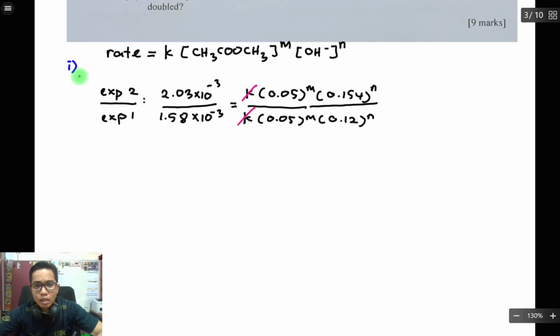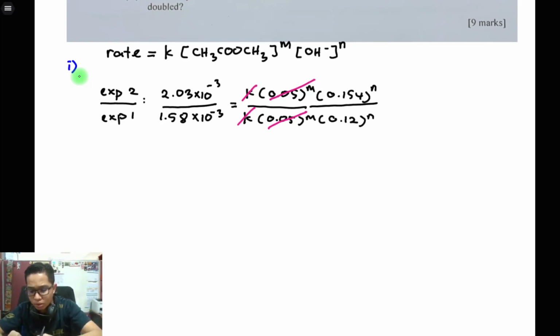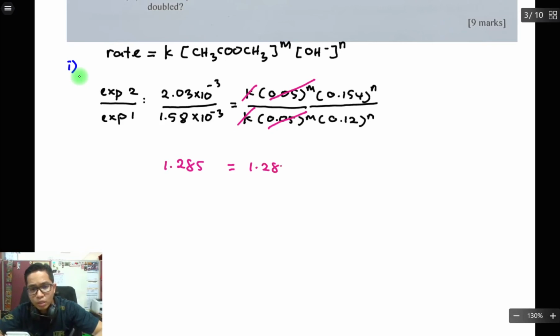k and k cancel out, 0.05 to the power of m cancels out with 0.05 to the power of m, so the remaining is 2.03 divided by 1.58. This we get 1.2848285 roughly, equal to 0.154 divided by 0.12, so 1.283 to the power of n.